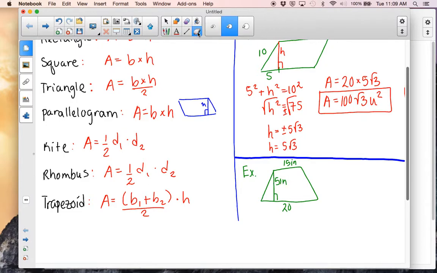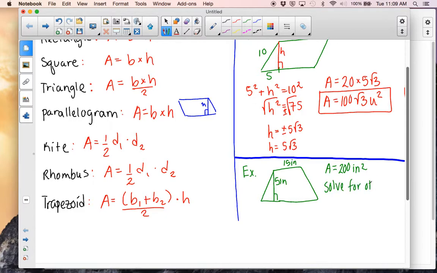Actually, let me change this problem a little bit. Let's say we don't know this part. I don't know that base. But I know that the area is 200 inches squared. Solve for the other base.